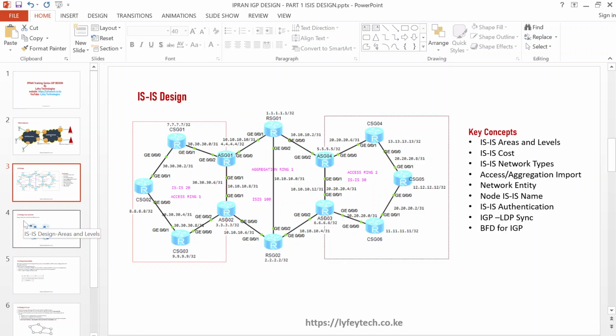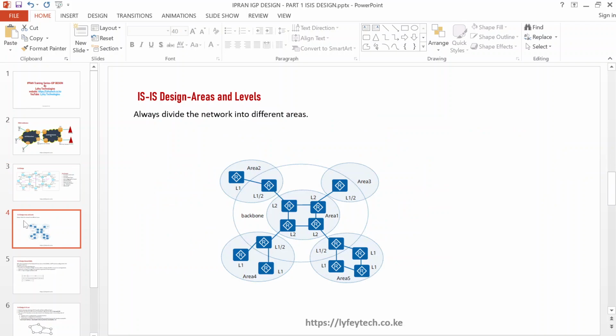So let's first start with the ISIS areas and levels. We know ISIS supports 3 levels: level 1, level 1-2, and level 2. Which levels should you use? It purely depends on the requirements of the customer and also your target network. Many times for an ISP network, we normally use level 2.